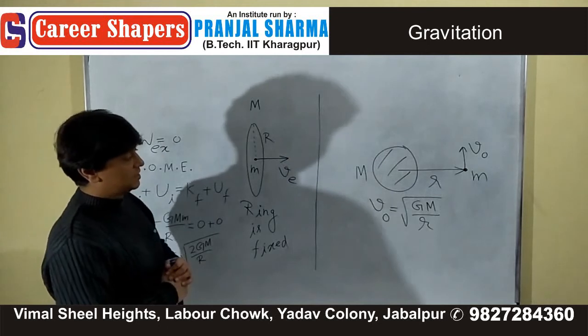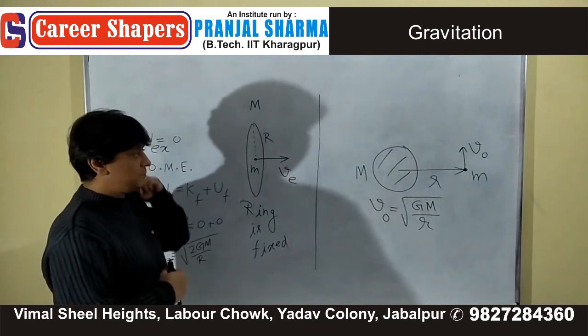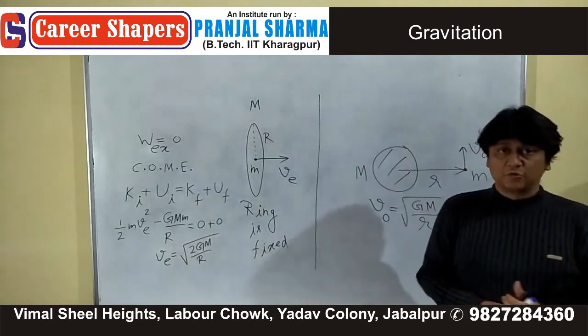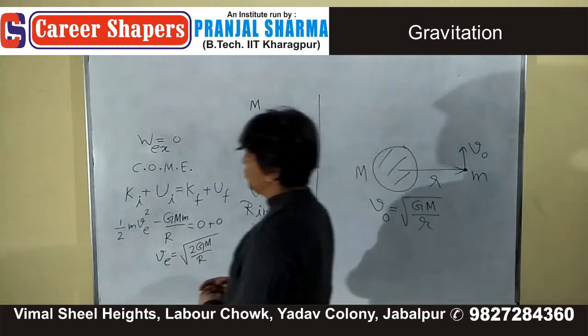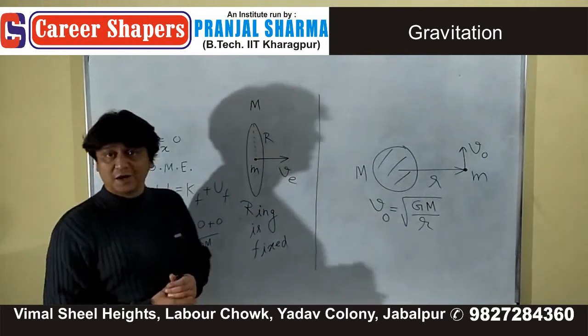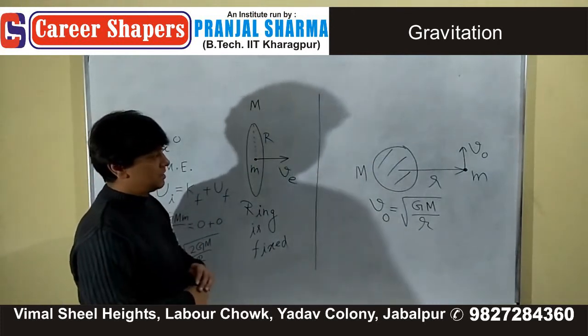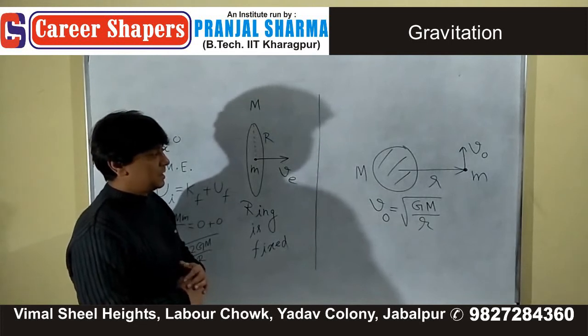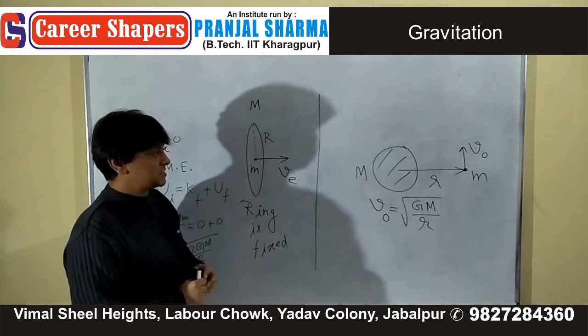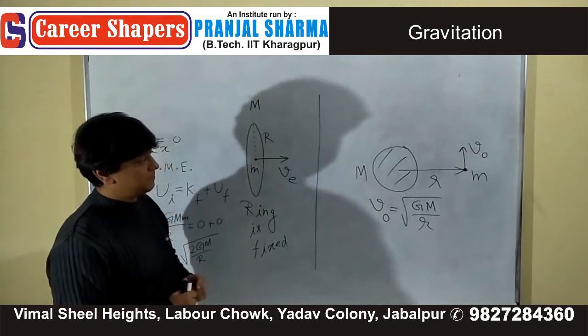With what factor orbital velocity of a satellite should be increased so that it escapes to infinity?